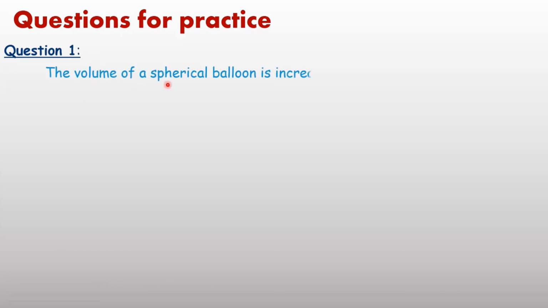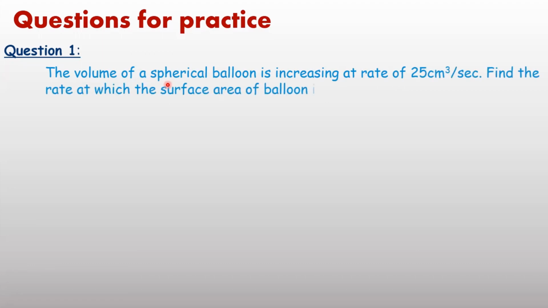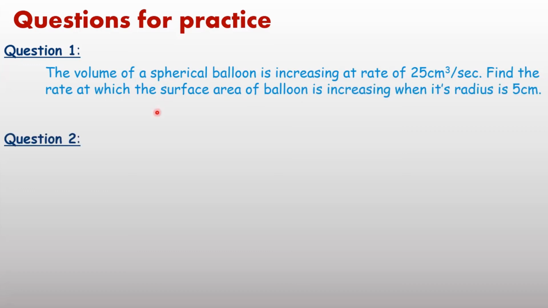Now, some questions for practice. First question: the volume of a spherical balloon is increasing at the rate of 25 centimeter cube per second. Find the rate at which the surface area of the balloon is increasing when its radius is 5 centimeter.